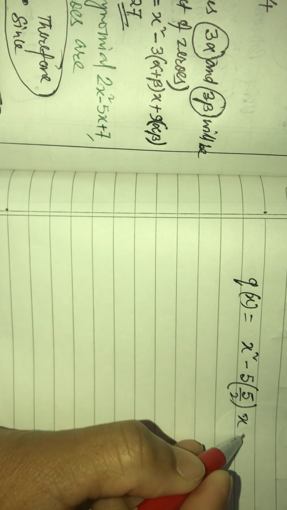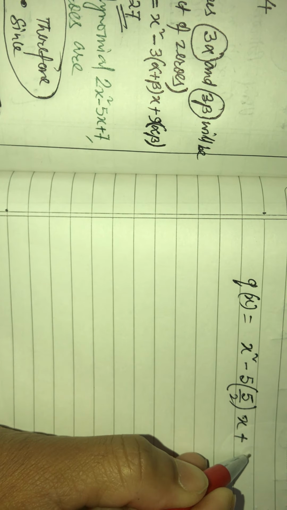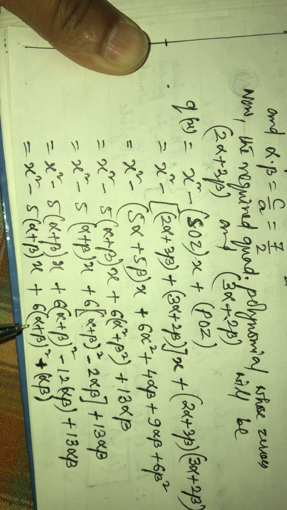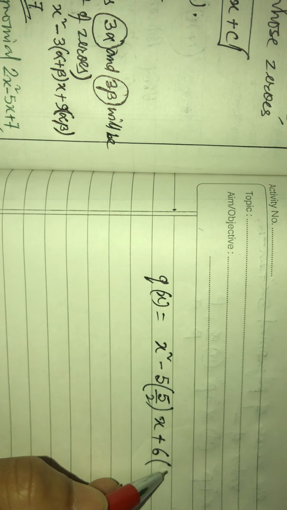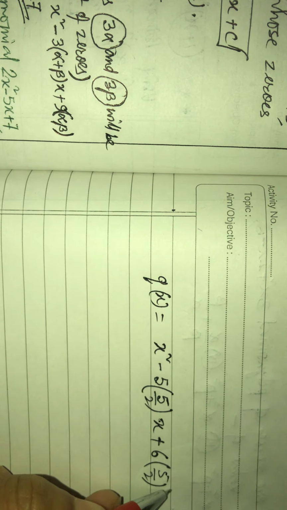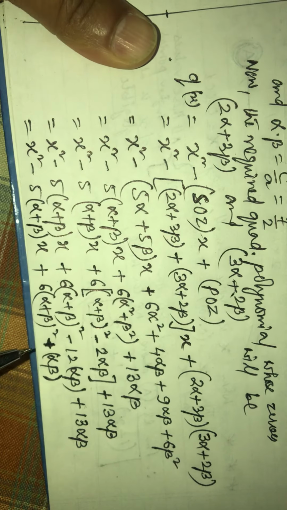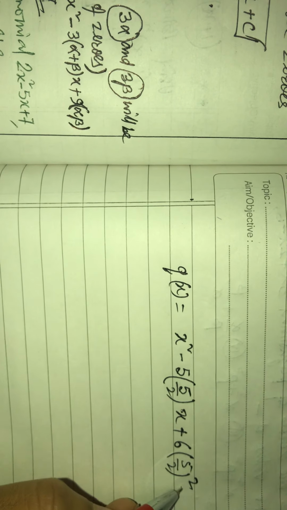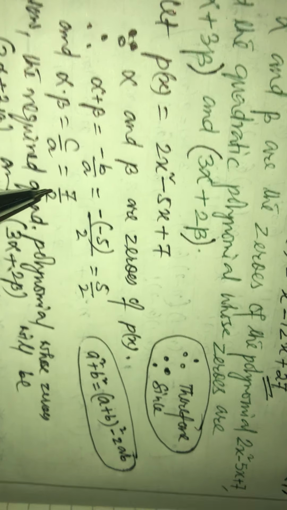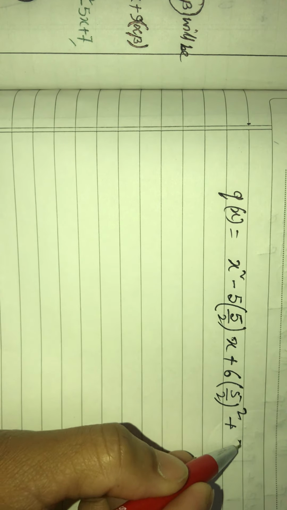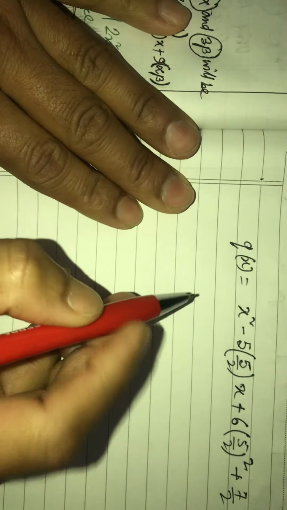We have x, so we'll keep x here, then plus 6. Again we have alpha plus beta, but this time squared, so I'll write 5 by 2 with square, and finally plus alpha into beta. Alpha into beta was 7 by 2, so I can write here 7 by 2.